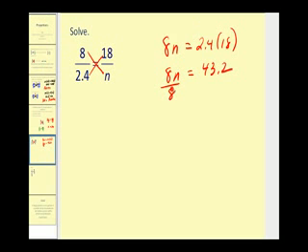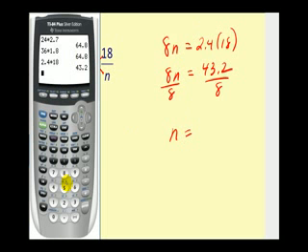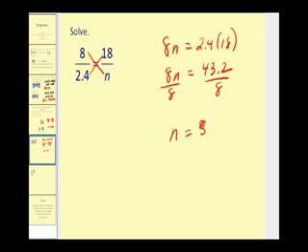Now dividing both sides of the equation by 8, we can determine the value of n. And it looks like n is equal to 5.4. So 8 times 5.4 would equal 2.4 times 18. And if you want, you can go ahead and check that.